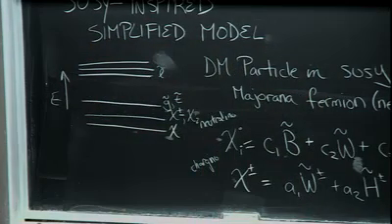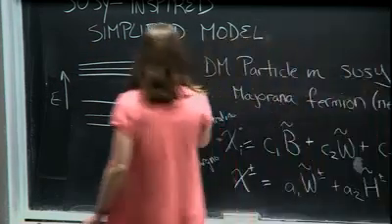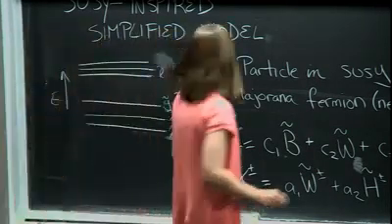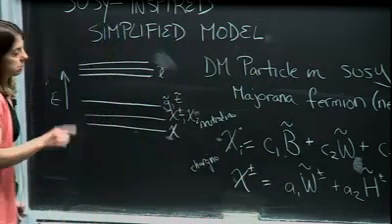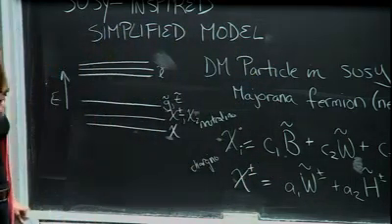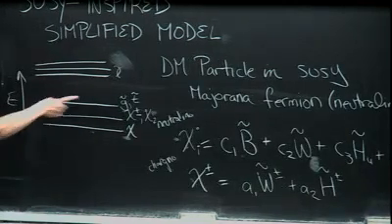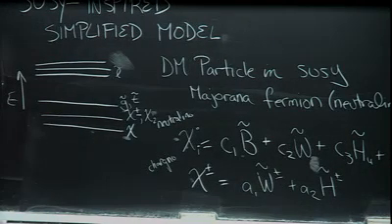In addition, these kinds of models where I've pulled down the gluino and the stop are motivated for naturalness reasons. And that's because if we want SUSY to be able to explain why the Higgs is the mass that it is, the gluino and the stop shouldn't be too heavy.